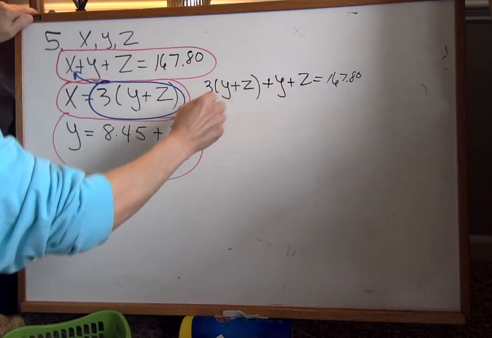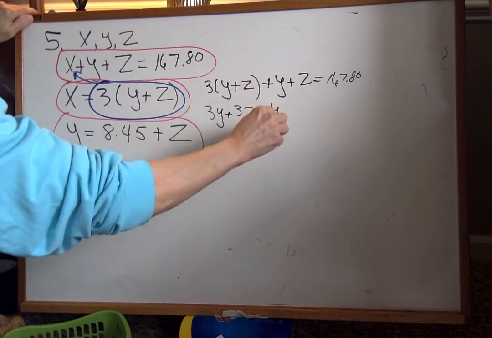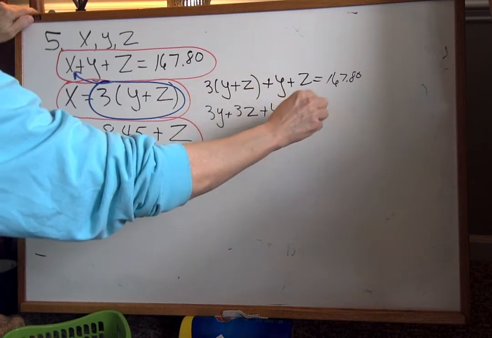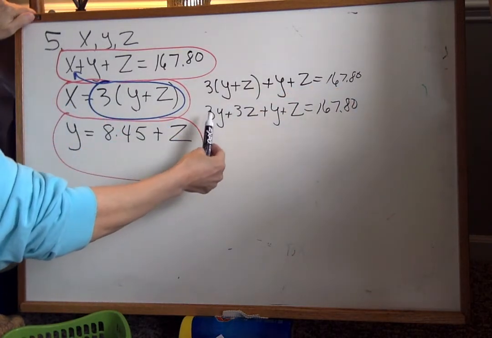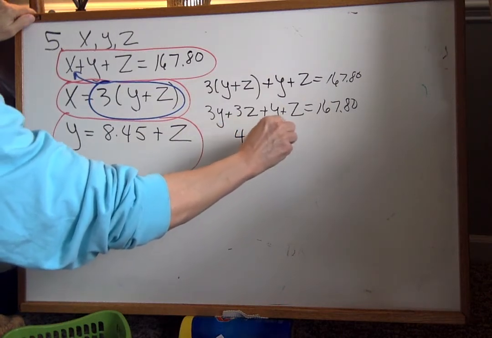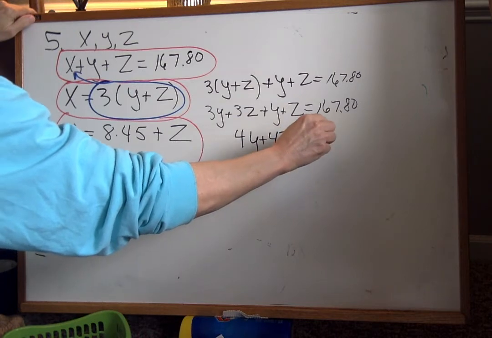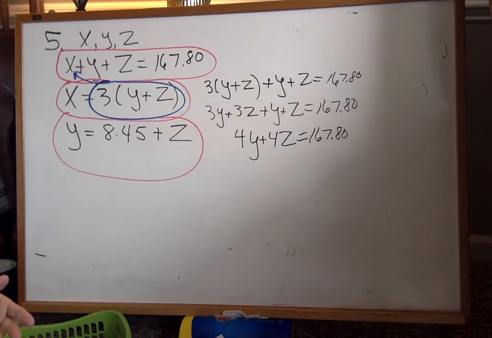Well, we got to work that out. That's 3y plus 3z plus y plus z equals 167.80. Might as well clean that up a little bit. 3y plus y, 4y plus 4z equals 167.80. I'm not going to do it, but at this point you could divide everything by 4 if you wanted to clean it up even more.